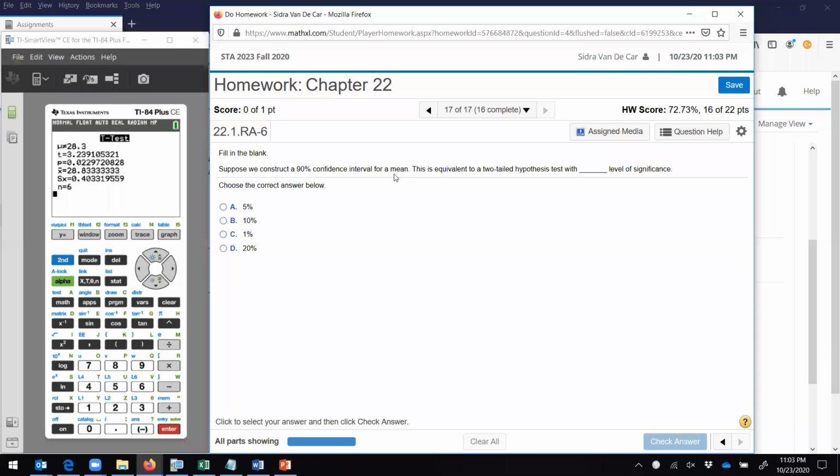Suppose we construct a 90% confidence interval for a mean. This is equivalent to a two-tailed. Oh, okay. So let me go ahead and show you what I mean here.